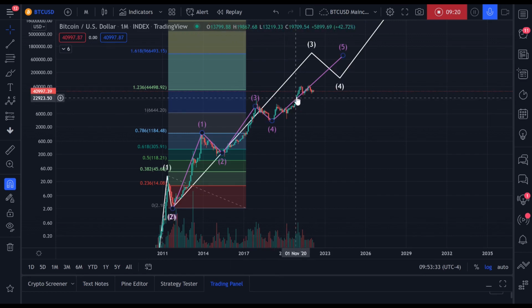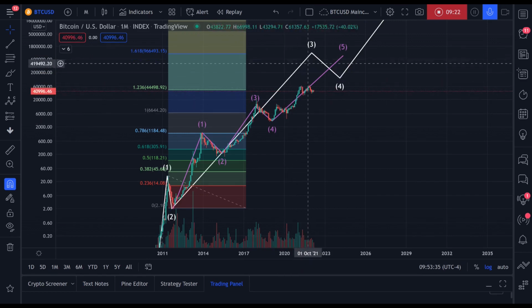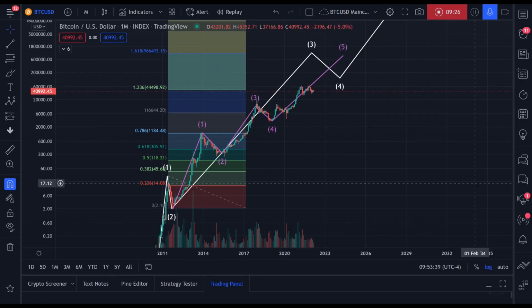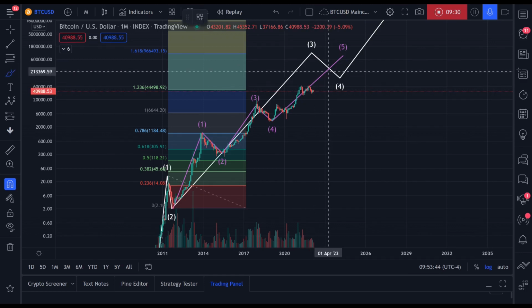And this that we have yet to print completely is wave 5 of 3. And so where we're at right here, right now, is the running flat correction of wave 4 of 5.